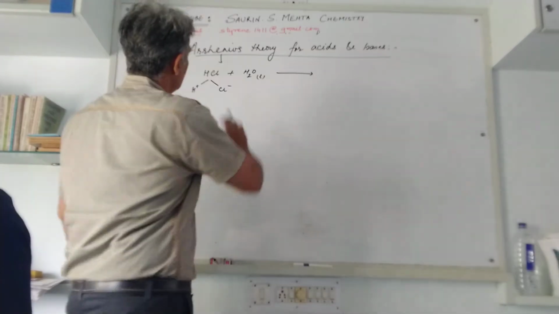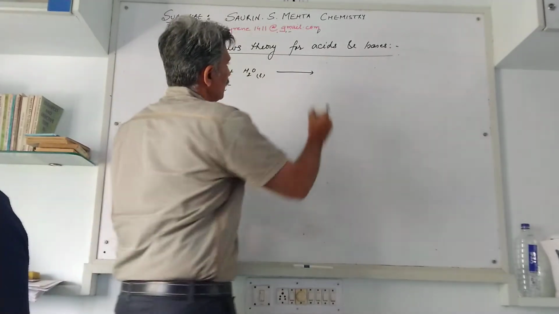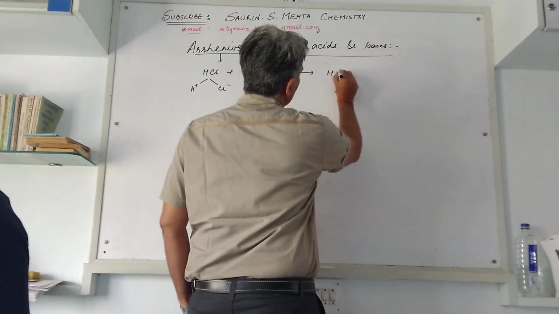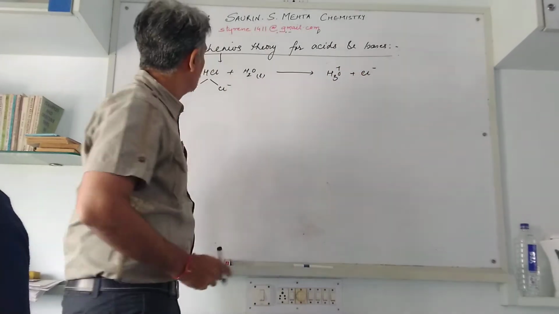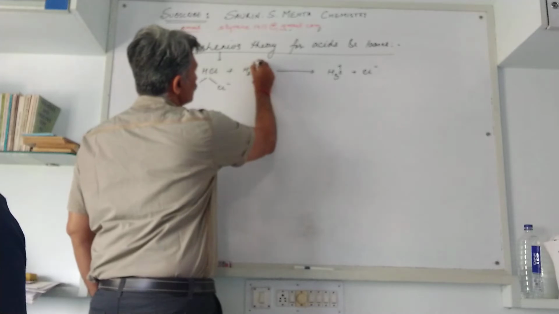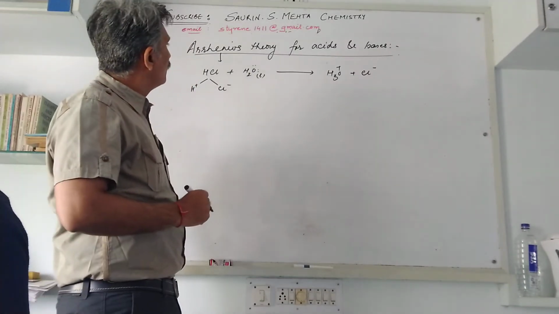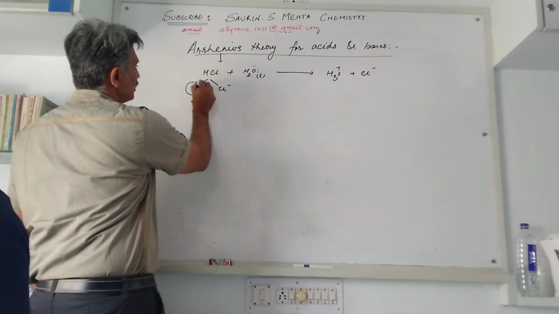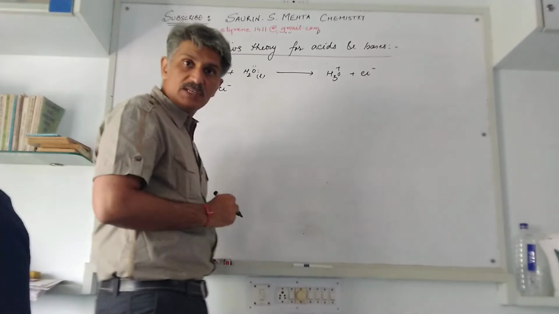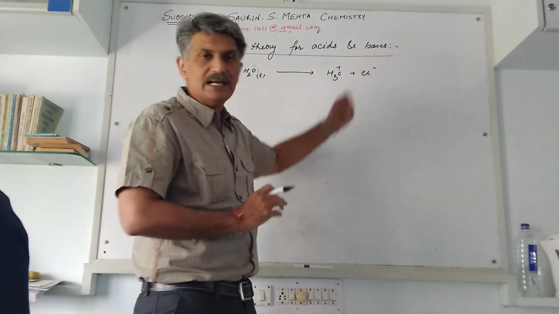That means when hydrochloric acid is added into water, it forms H3O plus with Cl minus. How? Water, as you know, has oxygen which has got a lone pair of electrons. This lone pair attracts the proton, that is H plus, which is formed from HCl, and that converts into H3O plus, leaving behind Cl minus.